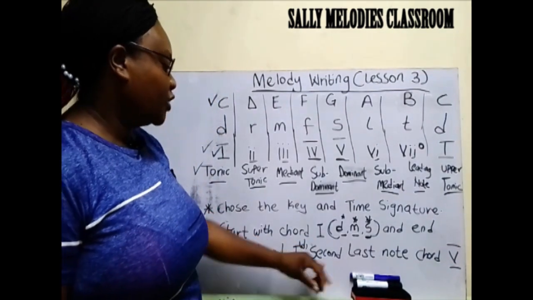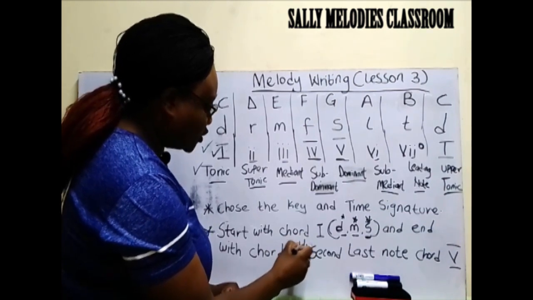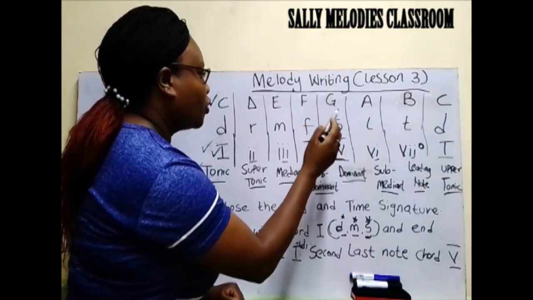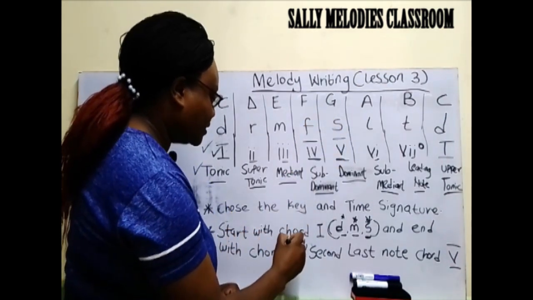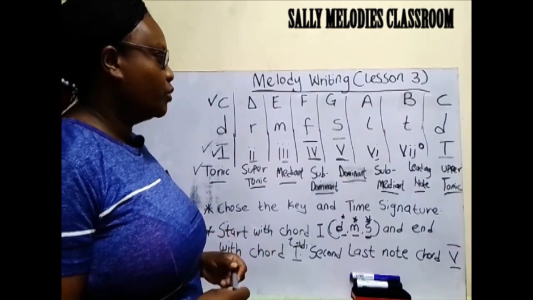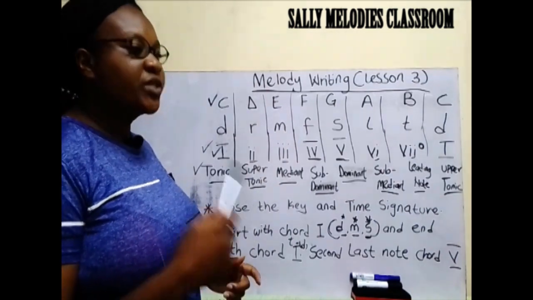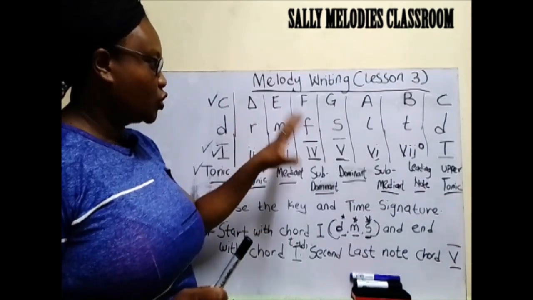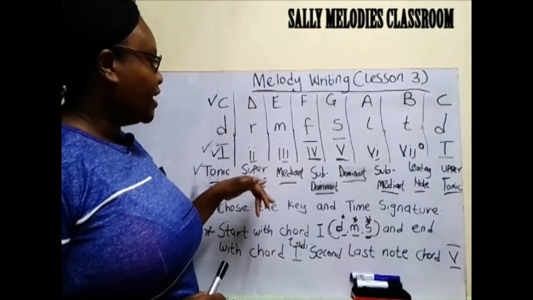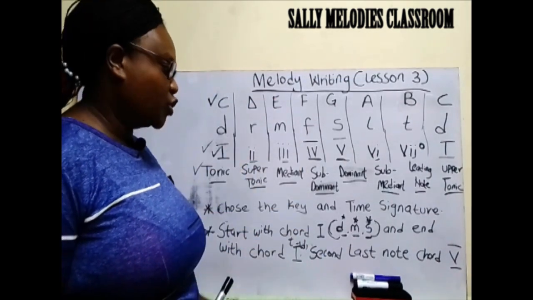And then ensure that this second last note before you close your song, it is a member of chord 5. It can be a ti. We are going to look at it. I would like you to take a piece of music, or you sing a song and play those solfas on your piano, and you will hear that a song either starts with do, it either starts with mi, and it either starts with so.